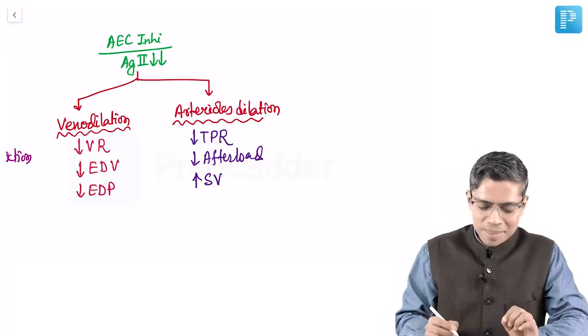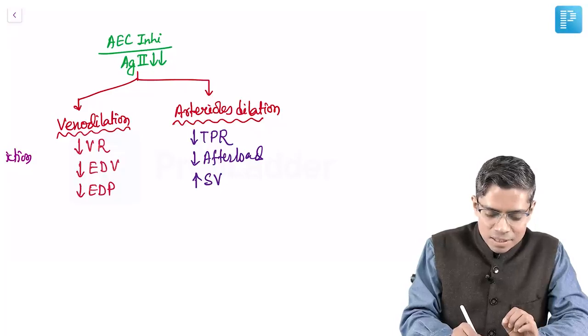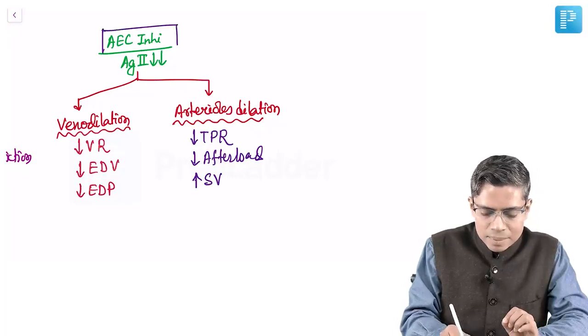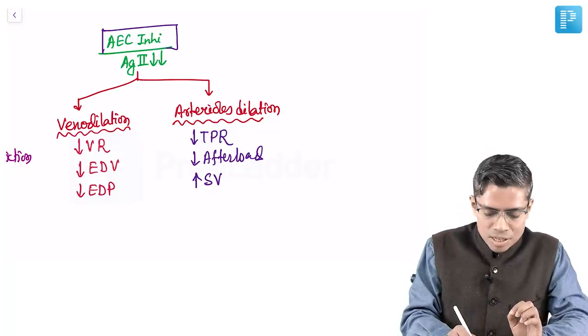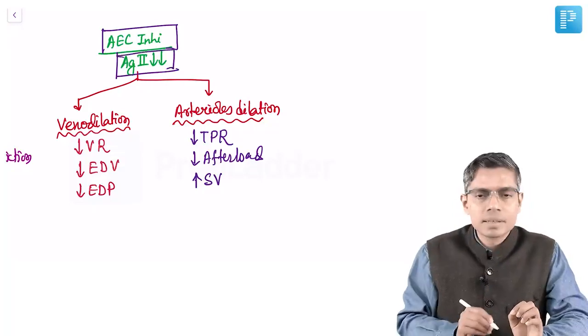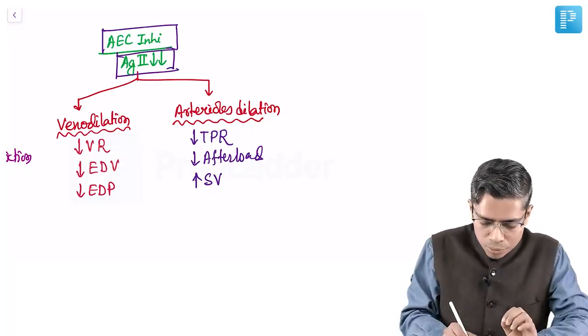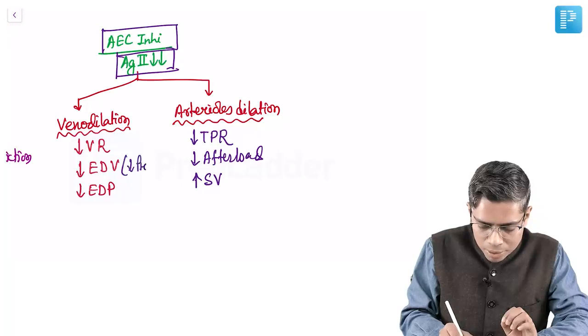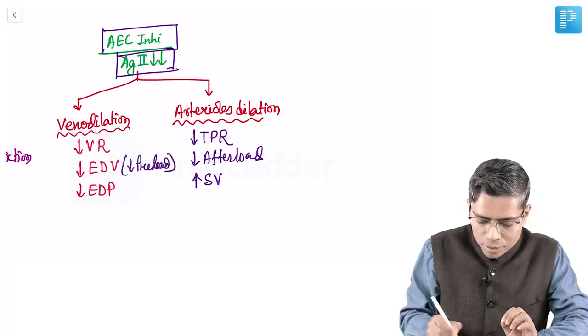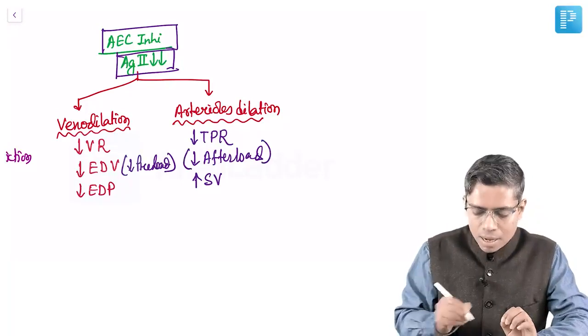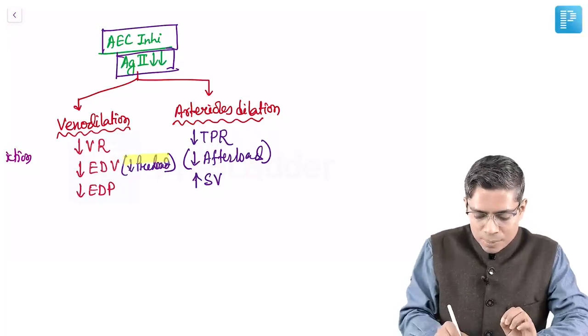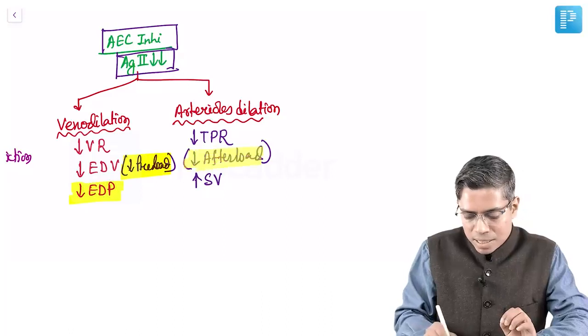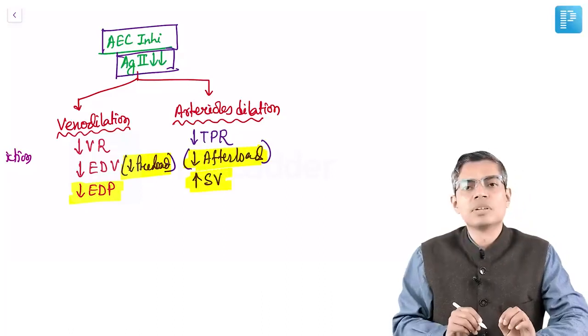That's why you can see that the angiotensin converting enzyme inhibitor drug is reducing angiotensin 2 level. By reducing angiotensin 2, it is decreasing the preload of the ventricle as well as the afterload of the ventricle. If you decrease the preload, your end diastolic pressure will be decreased. If you decrease the afterload, your stroke volume will be increased.